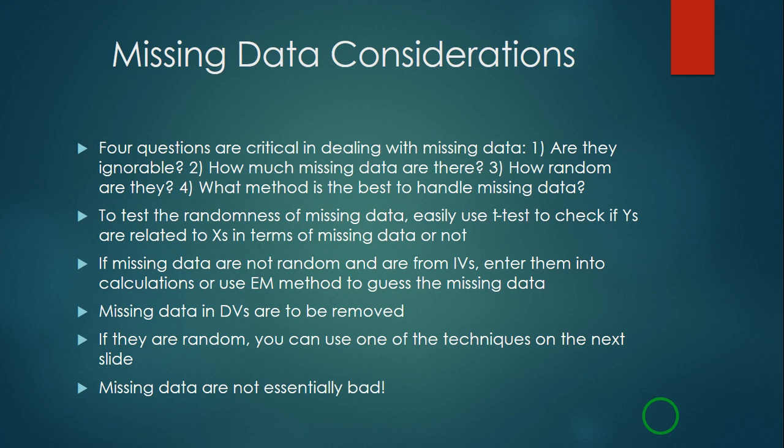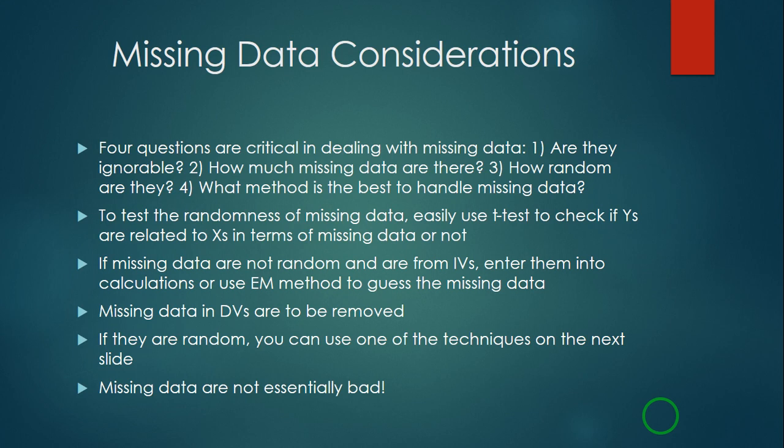To test the randomness of missing data, you can easily use a t-test to check the relationship between y's and x's, and I will talk about it later. If missing data are not random and are from independent variables, you can use them in the calculations, or just run the EM method, or expectation maximization method, to guess the missing data.